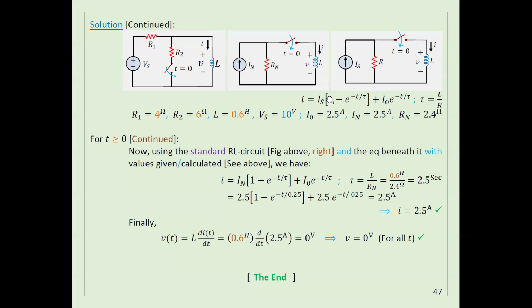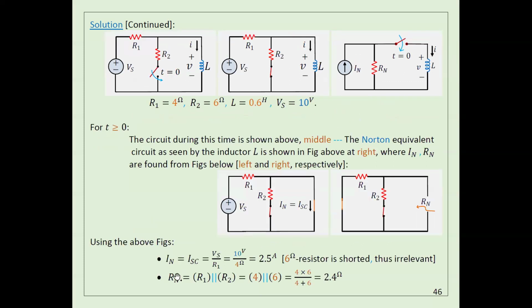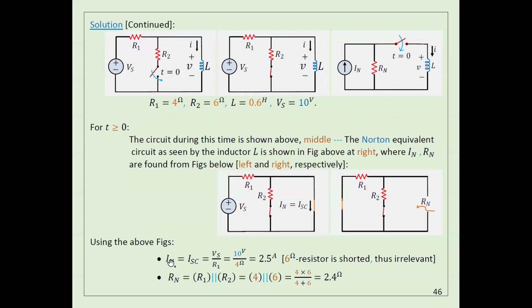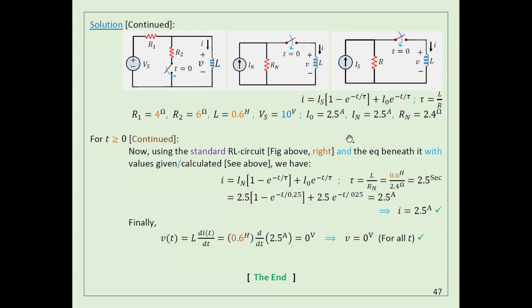After I got Is here, it is actually I Norton. This R here is actually R Norton. And then I have the formula here. I can simply use this formula. You need to calculate tau. Tau is L divided by R. L is given to you. R is actually R Norton.